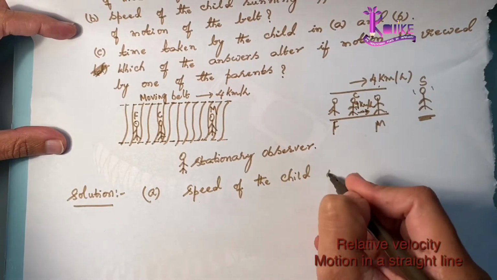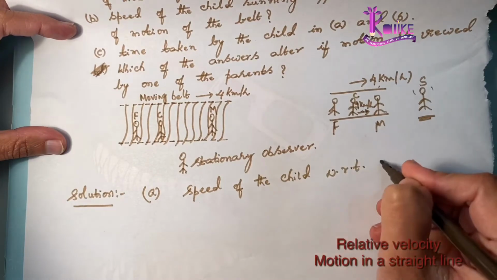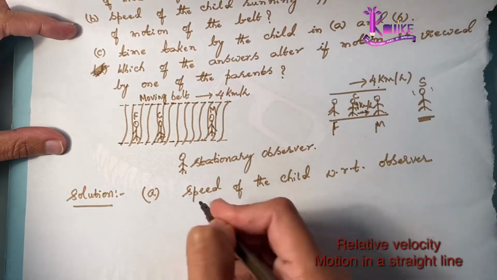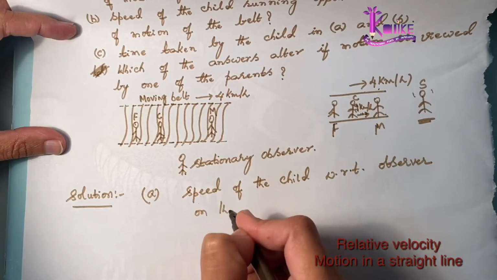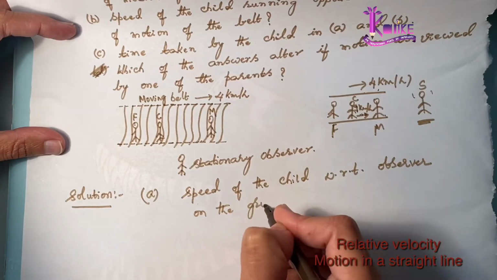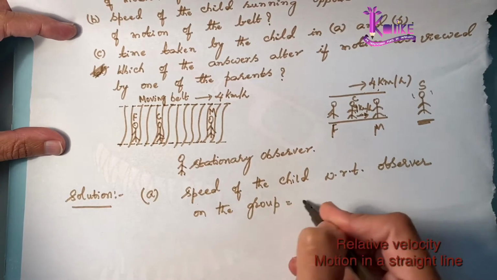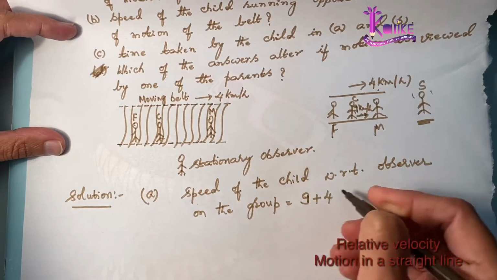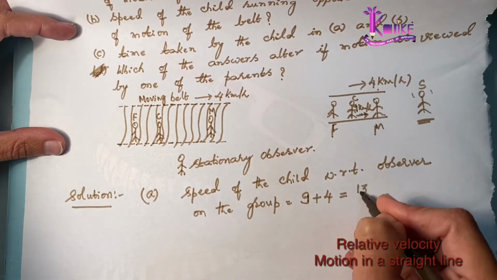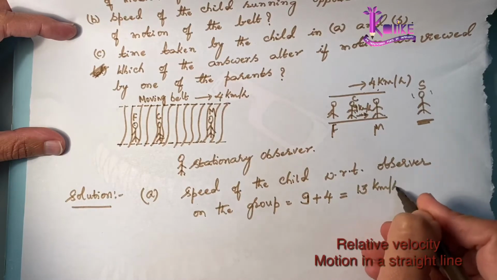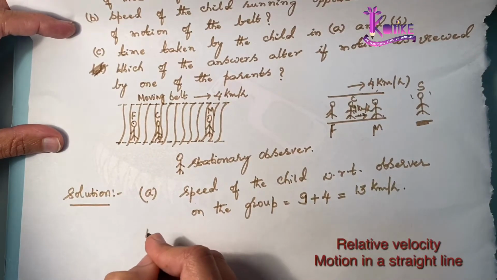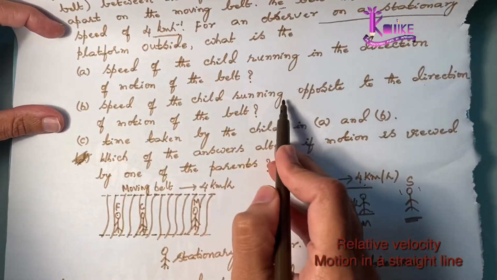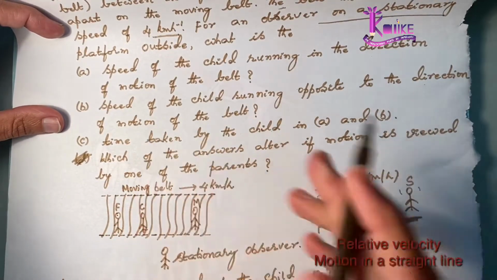So the speed of the child with respect to the observer on the ground will be the speed of the child plus the speed of the belt, which is 9 plus 4, that is 13 km per hour. So what's the next question? The speed of the child running opposite to the direction of motion of the belt.